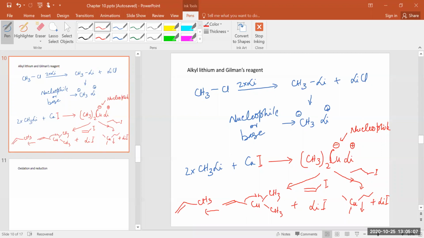Here one methyl will be transferred, so from propane it will become butane. So this is all about alkyl lithium and Gilman's reagent, very basic reactions. More reactions we'll see in Organic Two.